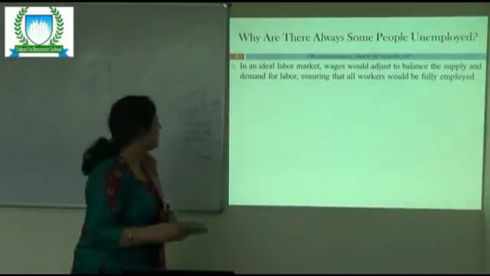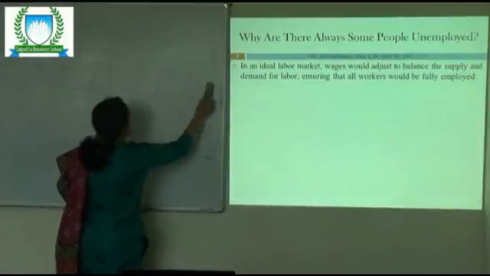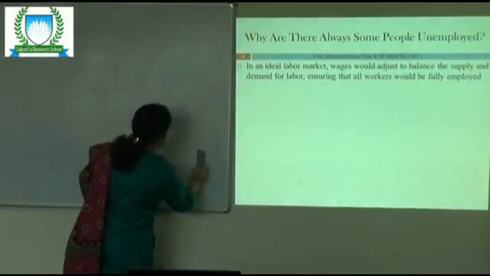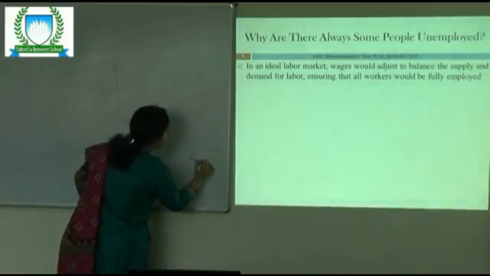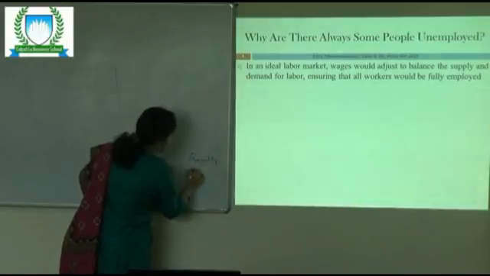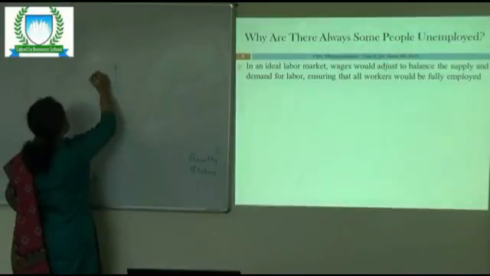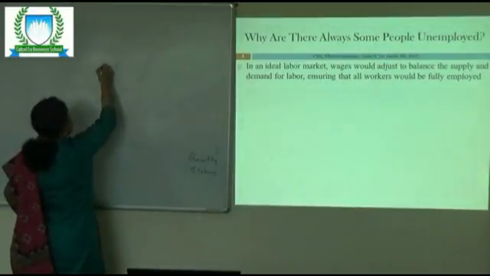That means if we draw the labor market graph, the demand and supply of labor, we have the quantity of labor on the x-axis, and on the y-axis the price of labor, that means the wage of labor.